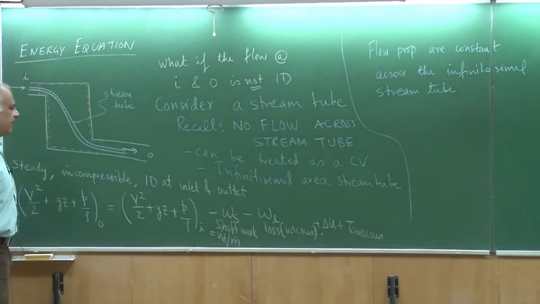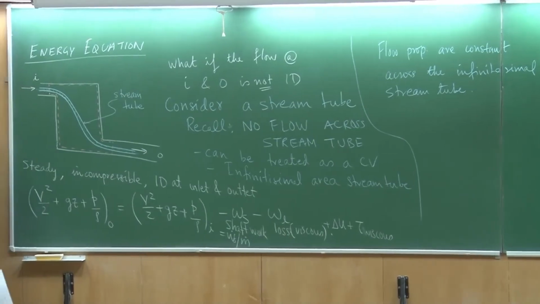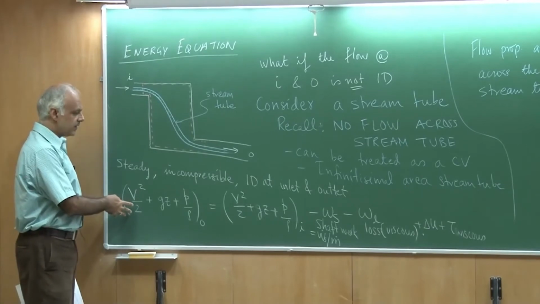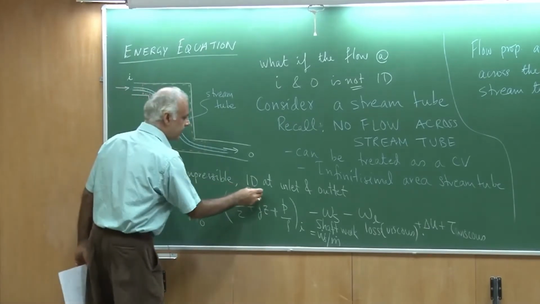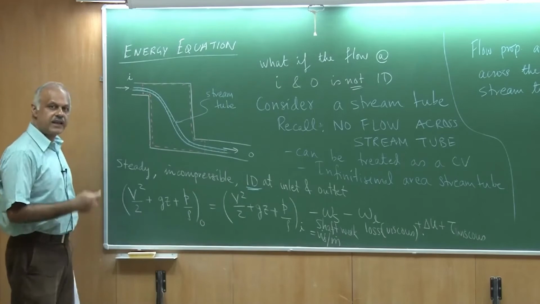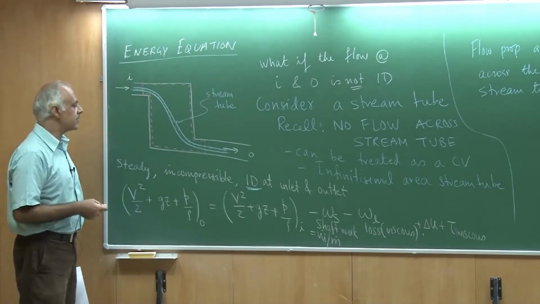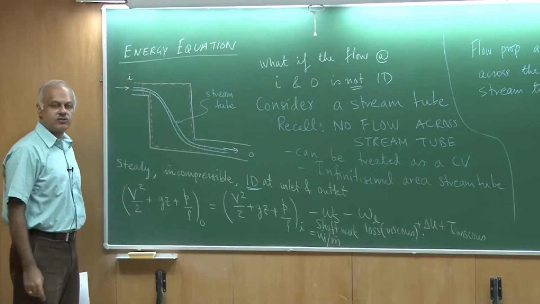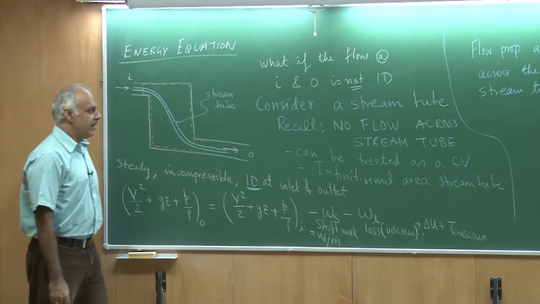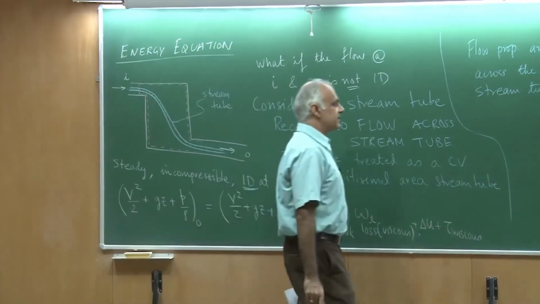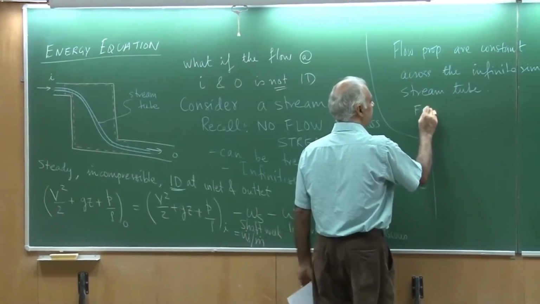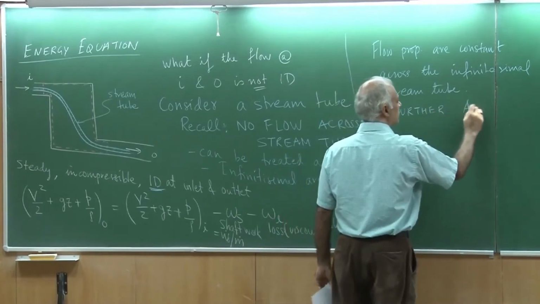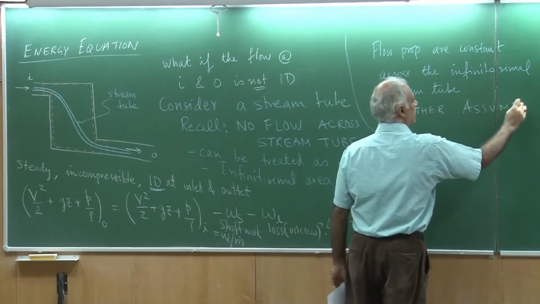And then I can actually apply the energy equation. Not in this form, this was when the flow was 1D at the inlet and outlet, but I can go back to the original energy equation which actually had the integral over the control surfaces, and so on. I am going to make a few other assumptions. I am going to further assume the following.